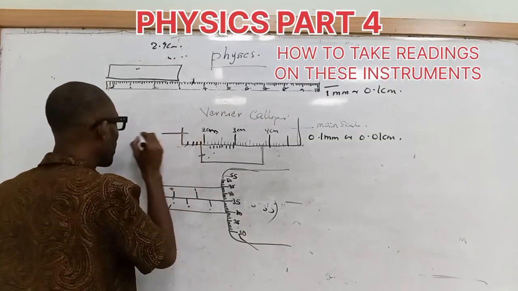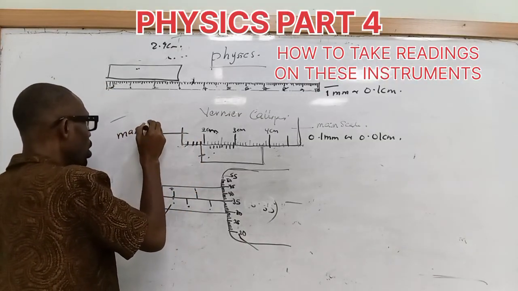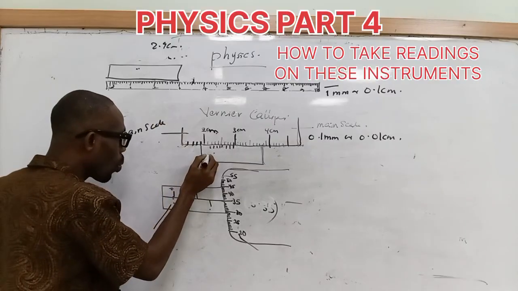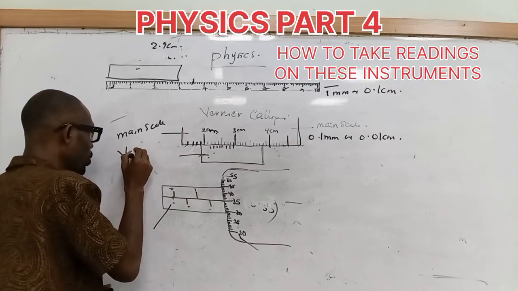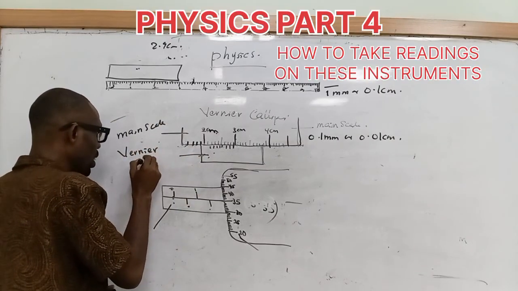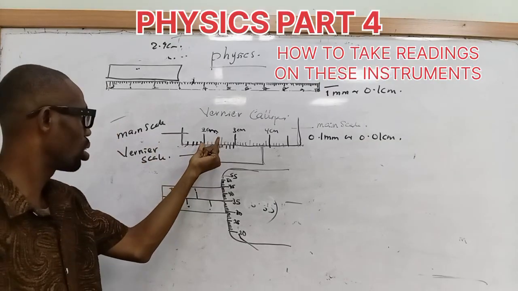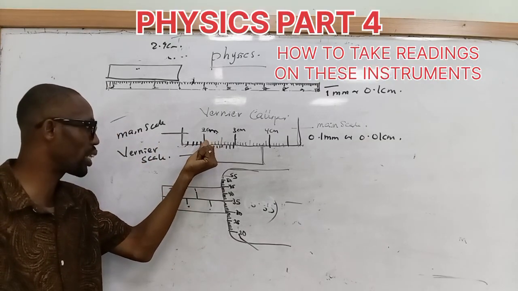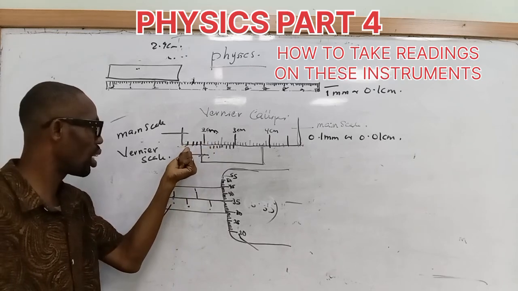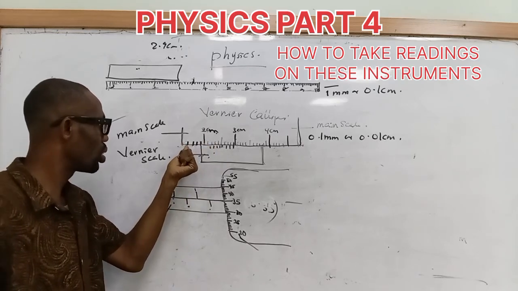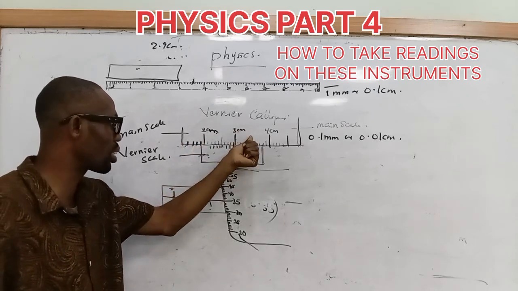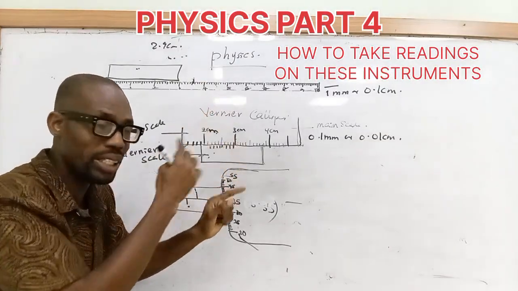This one is called the main scale, while this other one down is called the vernier scale. If you look at the main scale, you will see that it is calibrated this way: we have 2 centimeter, 3 centimeter, 4 centimeter, as the case may be.